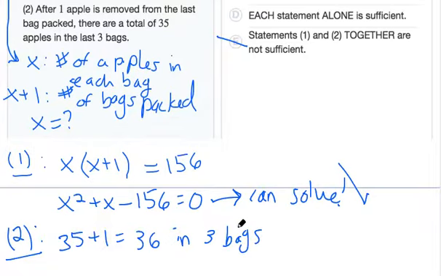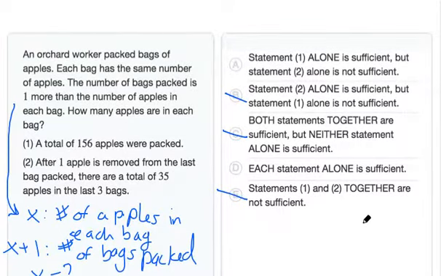Since the same number of apples is in each bag, we can divide 36 by 3, which gives us 12, to determine the value of x. This statement alone is sufficient. This means that we can eliminate answer choice A, and the correct answer choice would be D.